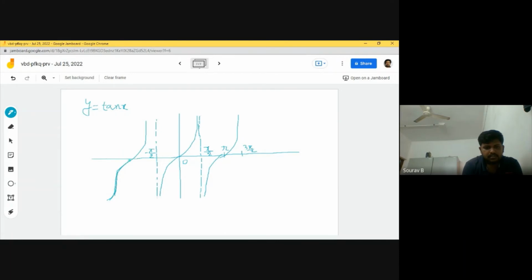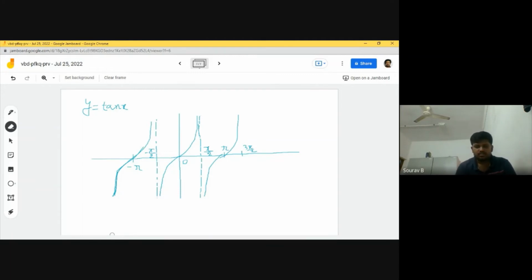But you can see that the graph is breaking at these odd multiples of pi by 2. The graph is breaking, so it's not continuous. So this is the speciality, the exceptional behavior of tan x from sin x and cos x.